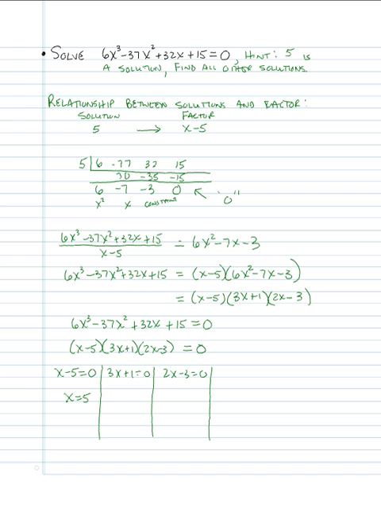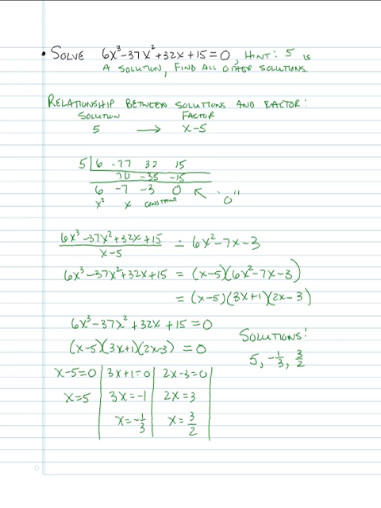Here at 3x plus 1 equals 0, first we would subtract 1 on both sides, and then we would divide by 3. Here at 2x minus 3 equals 0, first we would add 3 to both sides, and then we would divide both sides by 2. So the solutions here, isn't that amazing? The solutions to this equation are 5, negative 1/3, and positive 3 over 2.